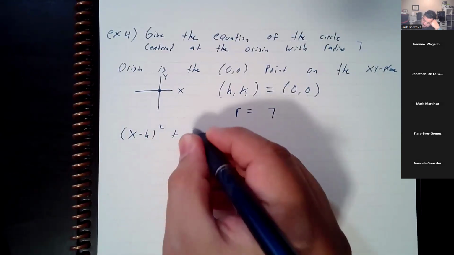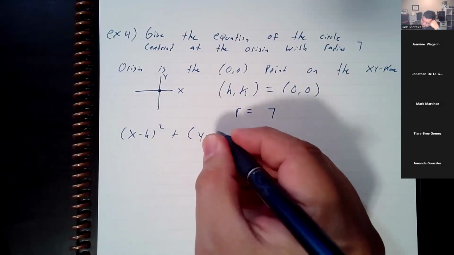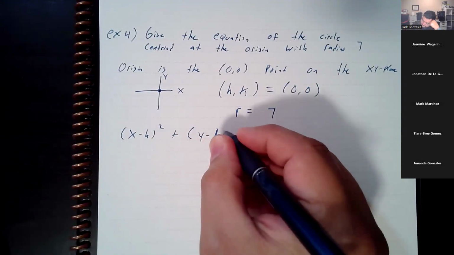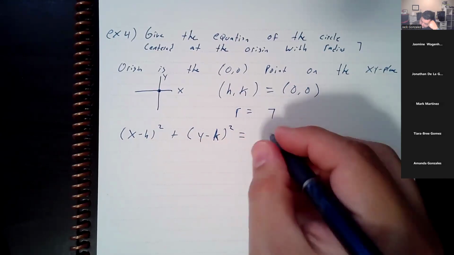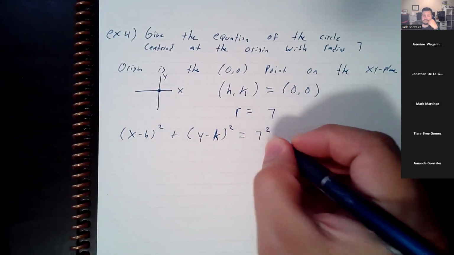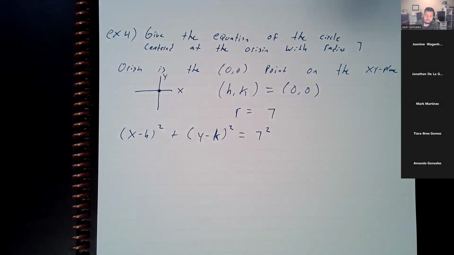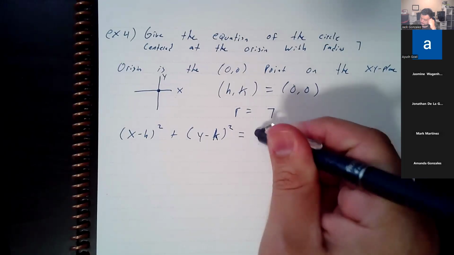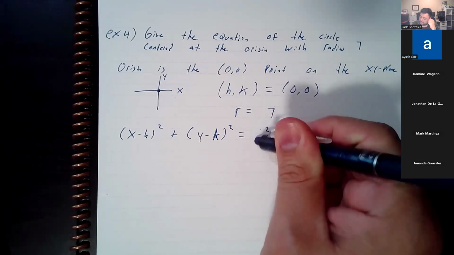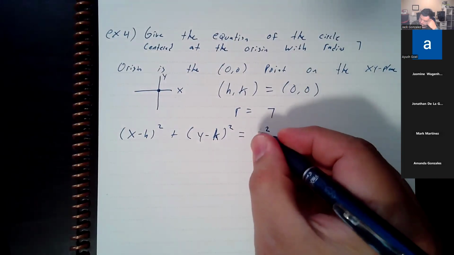So we're going in reverse. So given this information, essentially, the H and the K are basically the origin. Yeah, in this example, it is the origin.